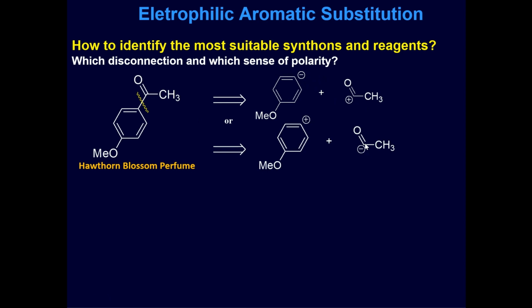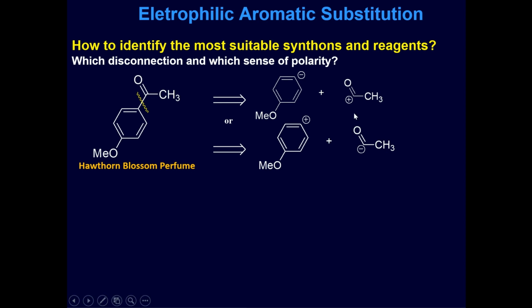Which is right? As we know, benzene is electron rich. It is sensible to give negative charge onto the benzene ring. To assign negative charge onto the benzene ring is the right choice.